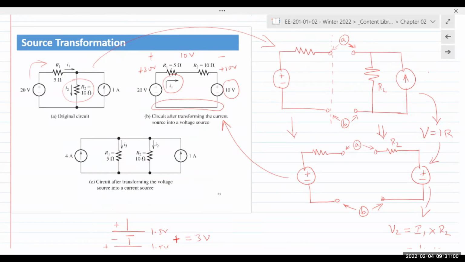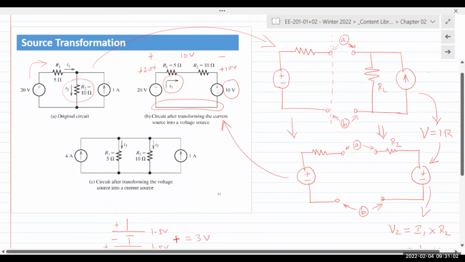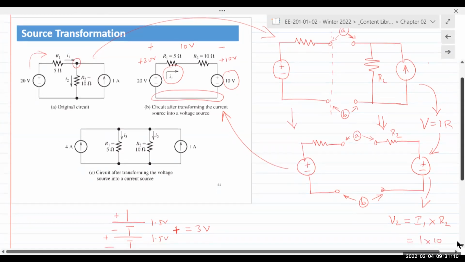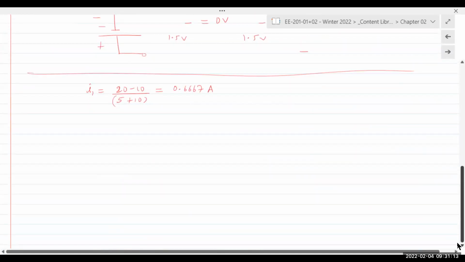Once our calculations are done, we can go back to the original circuit and apply KCL at the top node.